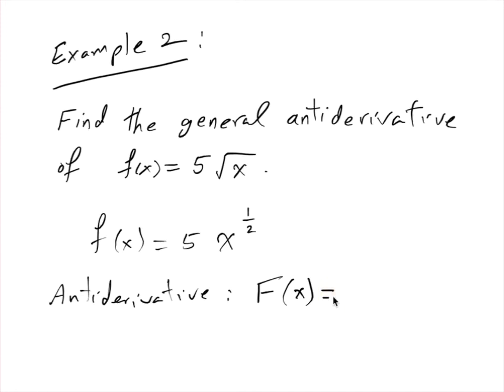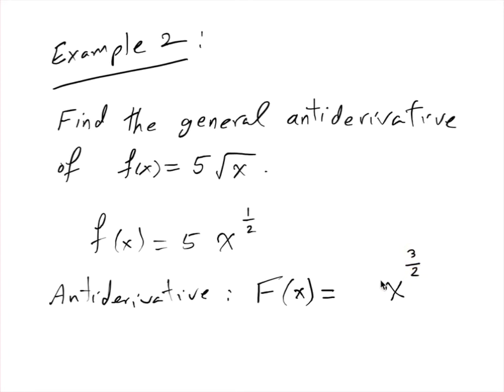And what function, if you take its derivative, will give you 5 times x to the half? You know, by the power rule, every time you take the derivative of a power, you reduce the exponent by 1. So if you do the opposite, you want to do the antiderivative, you have to increase that power. So x to the half changes to x to the 1 more, 3 halves.